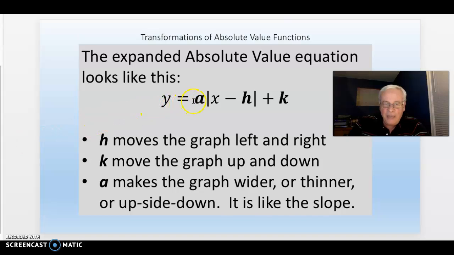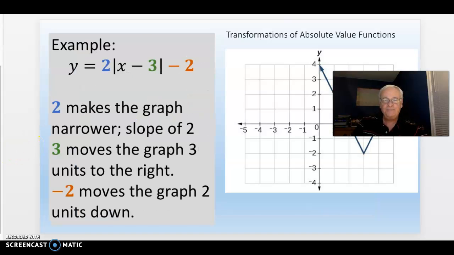If a is greater than 1, it's thinner. It goes up faster. So it's thinner. If a is less than 1, like a is a half, it's wider. Wider, because it goes up slower. Okay? And we'll look at some examples. Let's look at one right now.